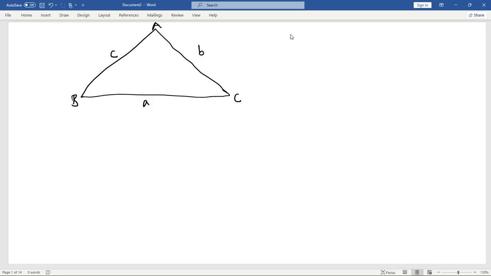Now, the cosine rule states that there are three different types here.